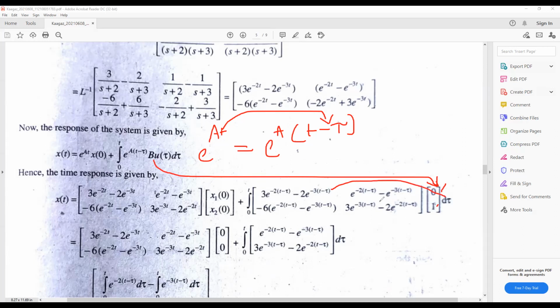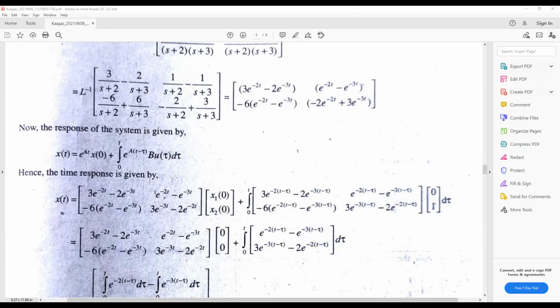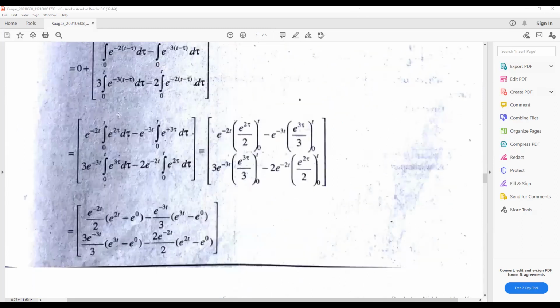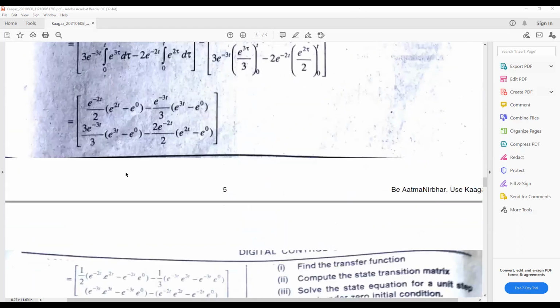The second term is e power minus 2 into t minus 2, and the second row first column is 0 only. After that, apply the inverse integration.